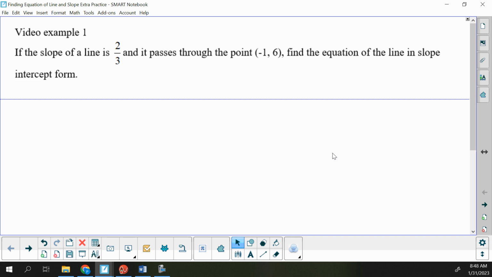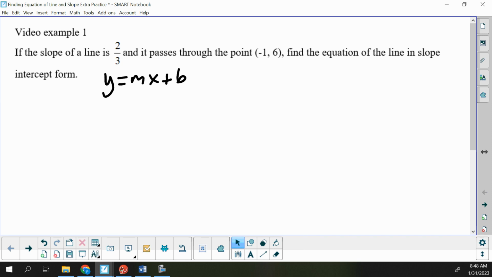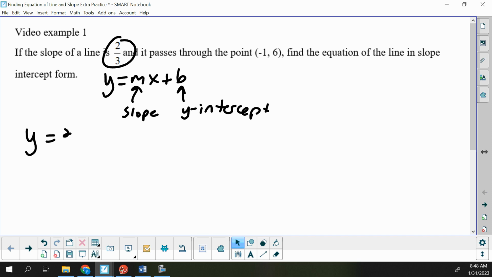So our slope-intercept form of a line is y equals mx plus b, where m is the slope and b is the y-intercept. We already know the slope in this case, so we're going to start off with y equals 2/3 x plus b.